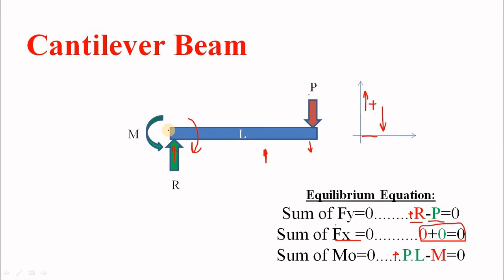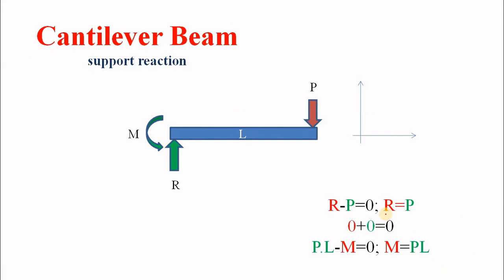And we assume there is a negative moment here to counter this, indicated in red as M. Now we have to find the value of R and the value of M, or moment. Simply solve these equations, and you get your reaction as P. So our assumption that an upward reaction is coming is true. Again, the moment is PL and it is coming as positive. That means our assumption that an anti-clockwise moment is generated at the support is true.